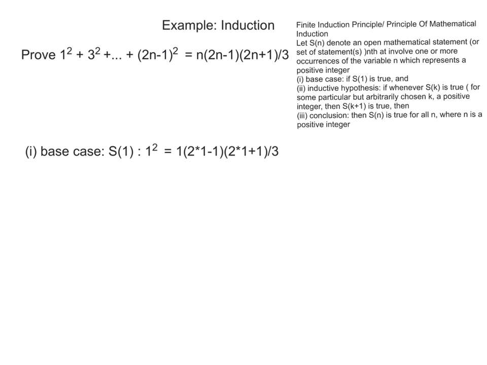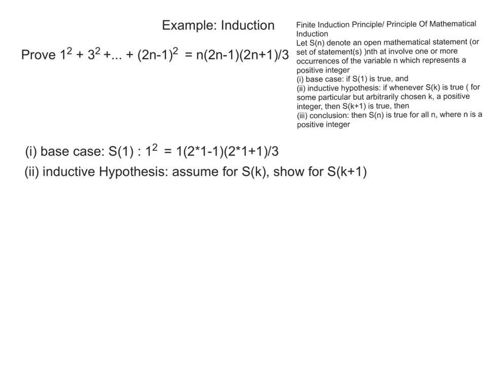If I plug in 1 here, 2 times 1 minus 1 is 1, squared. So basically I'm just adding 1 squared. Then I plug 1 in here, here, and here. So this is 1 times (2 minus 1), which is 1, times (2 plus 1), which is 3, divided by 3. So that also gives us 1 on the right-hand side. So the base case is verified.